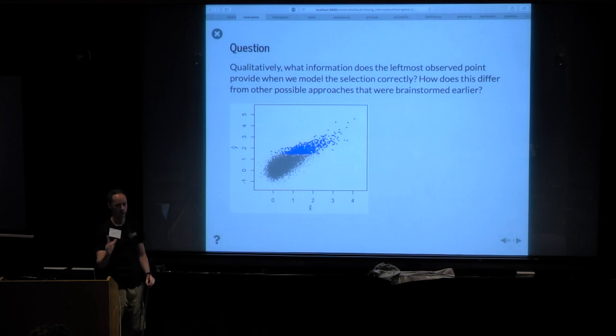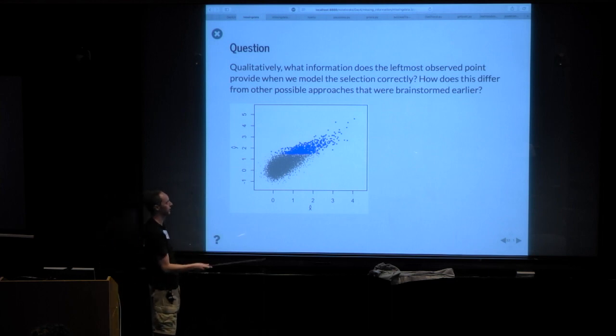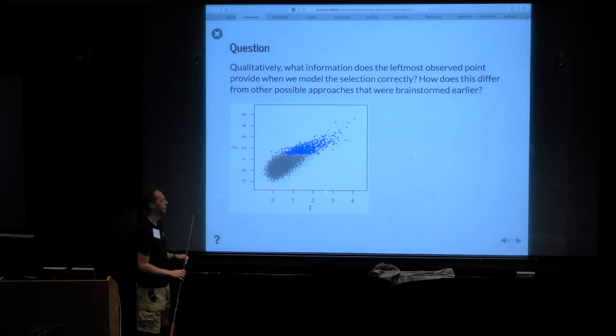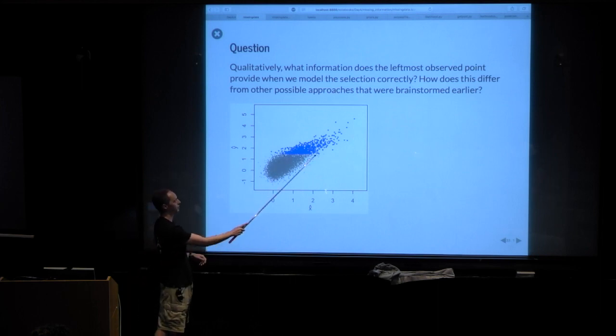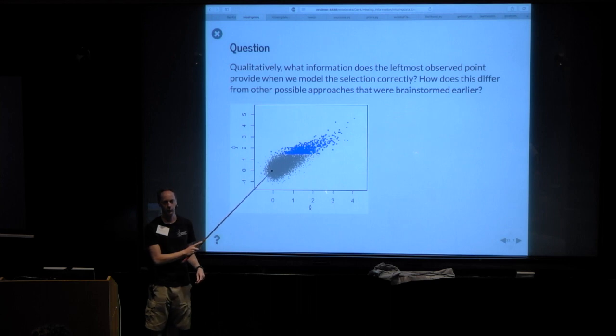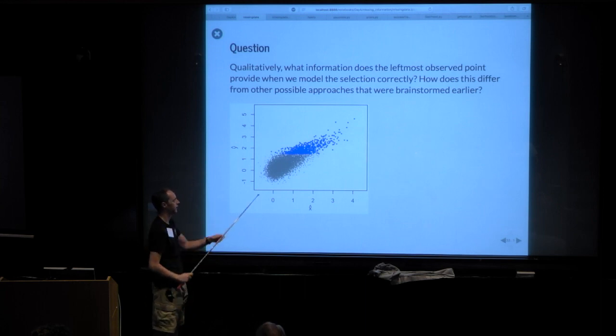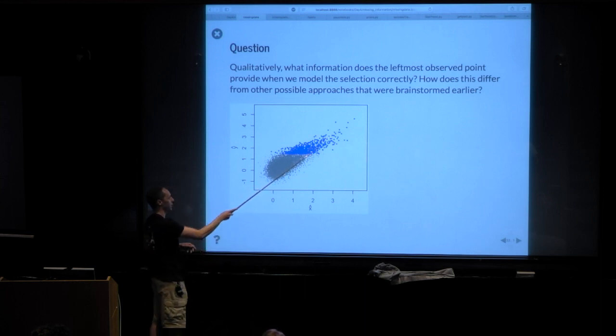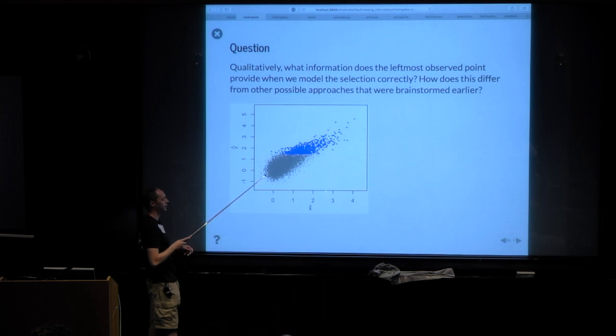Here's what I think. So yes, certainly if we just fit a line to the blue data, horrible things happen. If we try and do something in between where we say, okay, I know that I couldn't possibly have in my data set something below this line, so I'm just going to change my model for the sampling distribution such that if the true model goes like this, then anything at this value of X, I'm going to have the tail of a Gaussian instead of a whole Gaussian centered here.